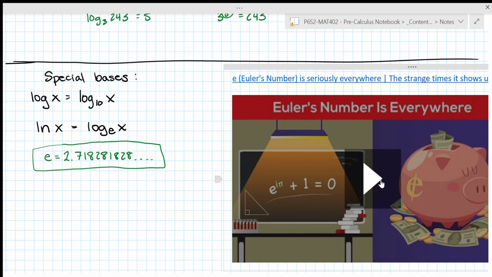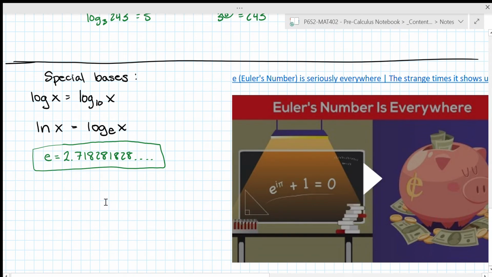Why is it the base for all types of exponential functions? The next 13 minutes of this video does a really good job of showing everywhere that this number shows up. It is a very, very popular number in mathematics, just like pi, 3.14159. E is a little bit less known, but a very powerful number in mathematics.